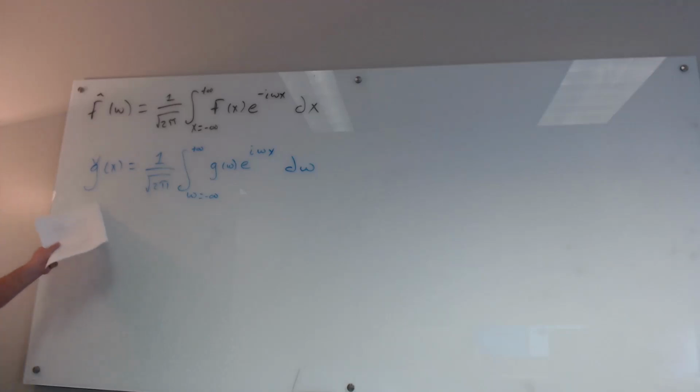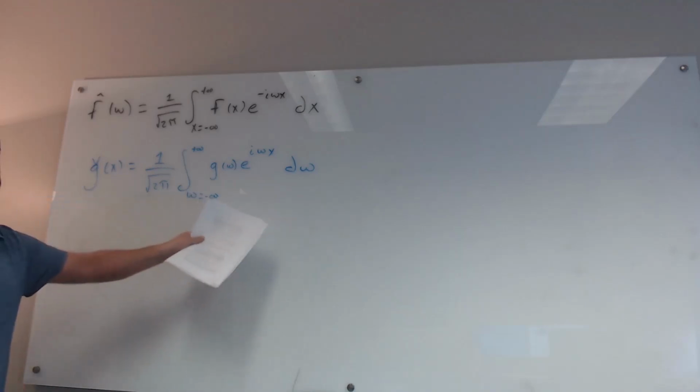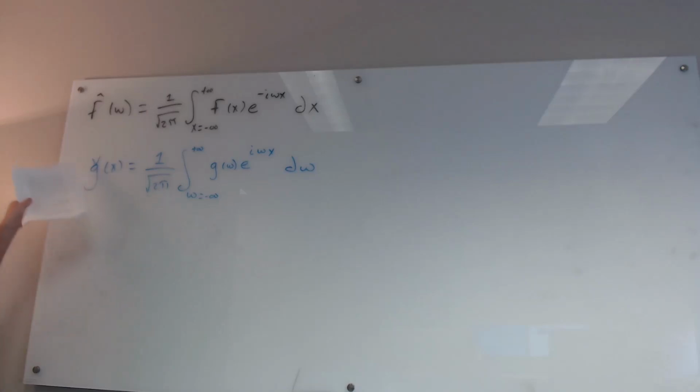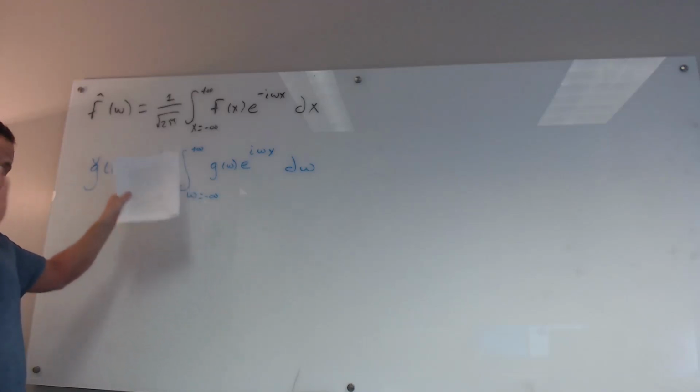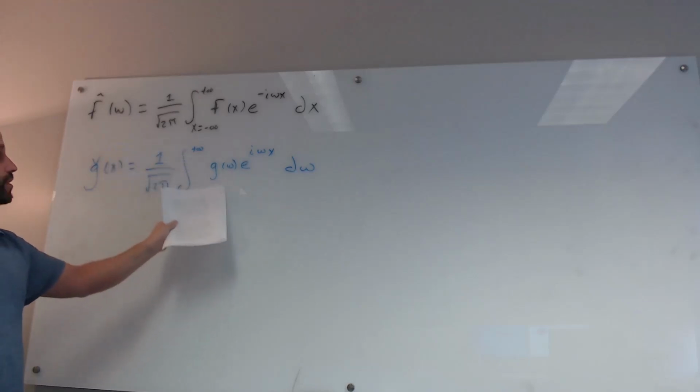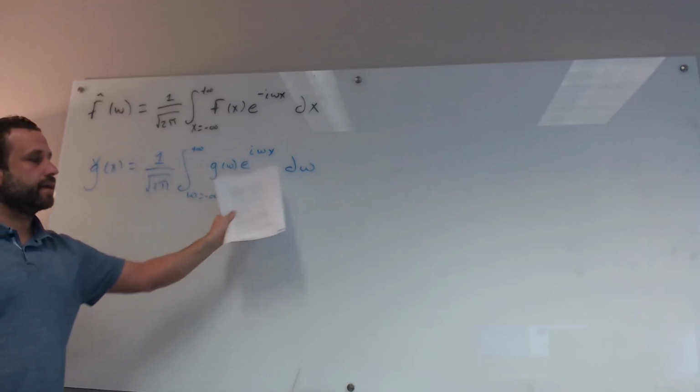This formula is called the Fourier inversion formula because it's the inverse Fourier formula, but we haven't proven that yet. So g check of x, this is a check instead of a hat, is equal to 1 over the square root of 2 pi times the integral, omega going from minus infinity to positive infinity, of g of omega e to the i omega x d omega.